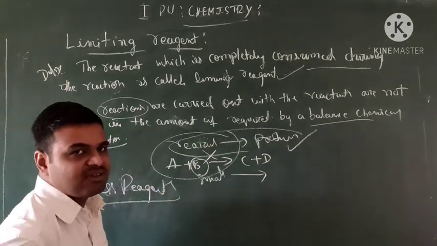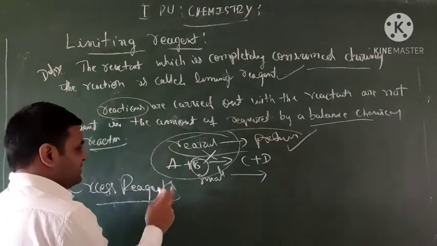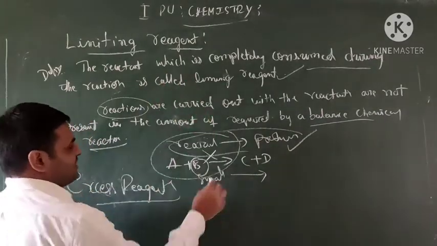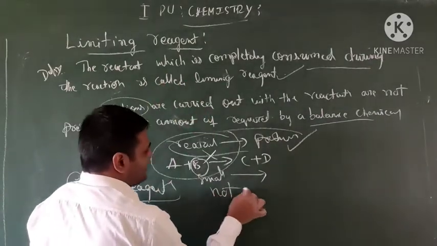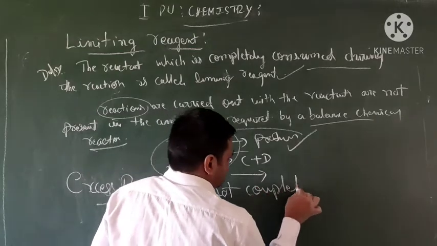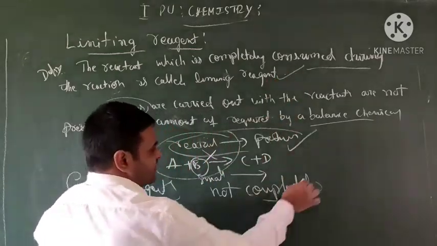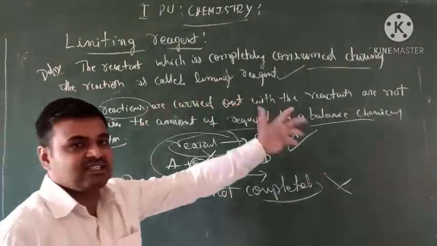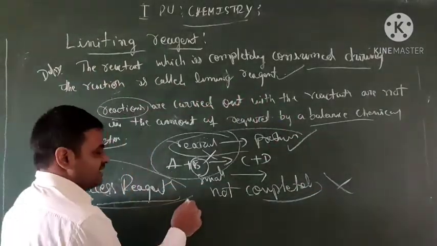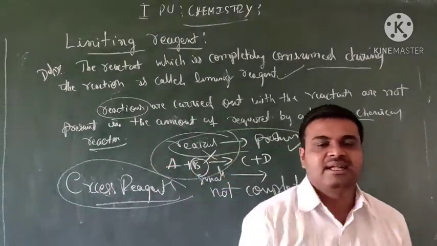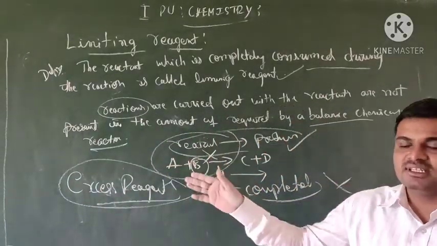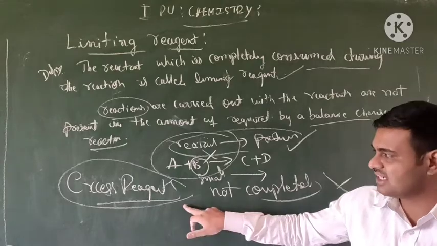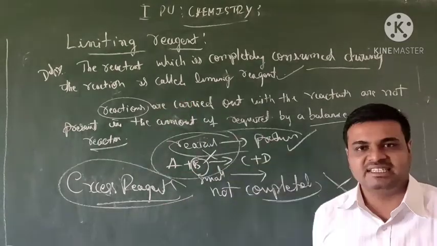What is the meaning of excess reagent? The reactant which is not completely consumed during the reaction is called excess reagent. Limiting reagent is completely consumed. The one not completely consumed is called excess reagent, and this is called limiting reagent.